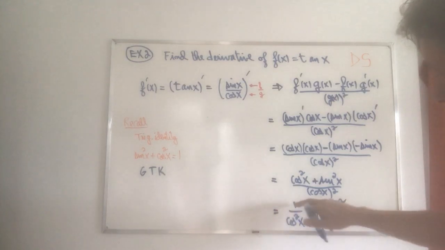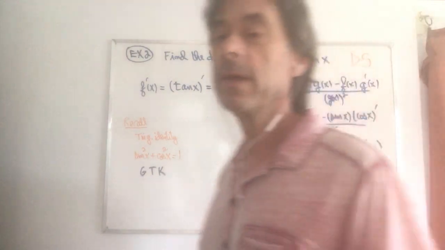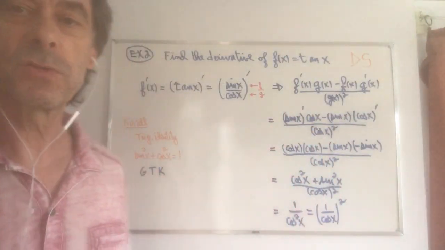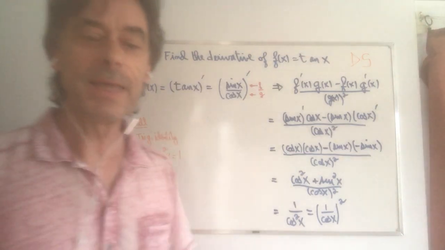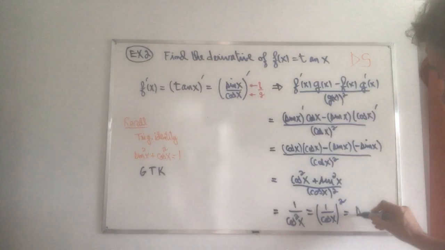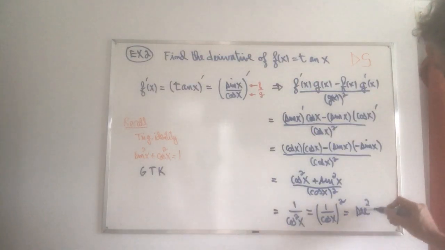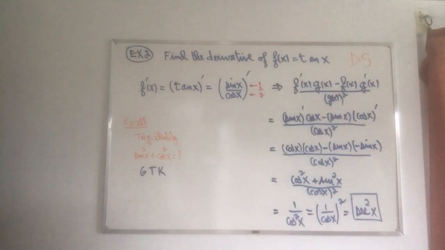Because 1 squared is 1, cos squared is cos squared. And now you know something. What is 1 over cos? We just reviewed that at the beginning of this video. What is 1 over cos? It is secant. So this entire derivative boils down ultimately to this. The derivative of tangent is secant squared.